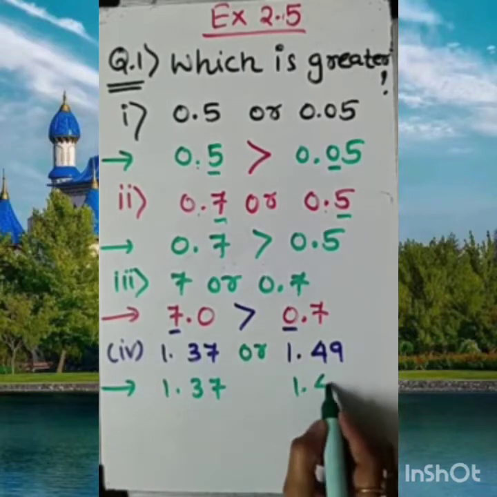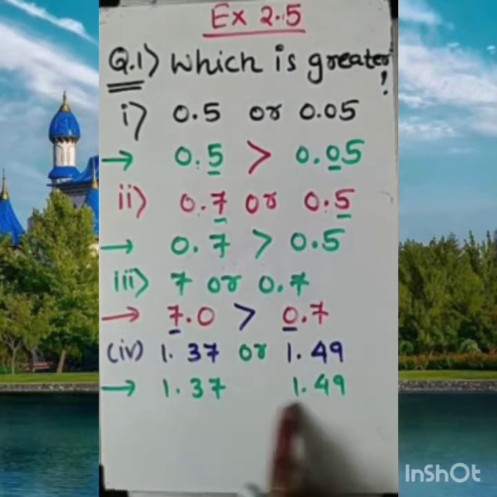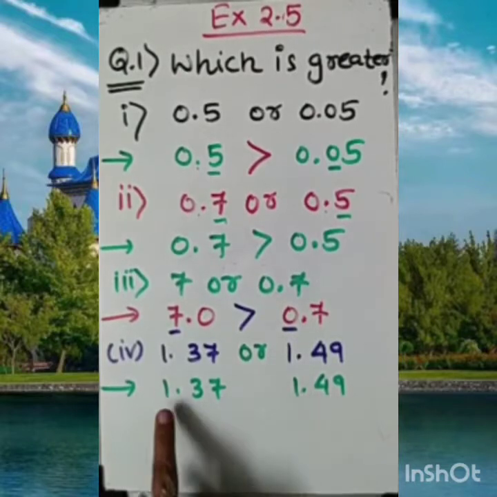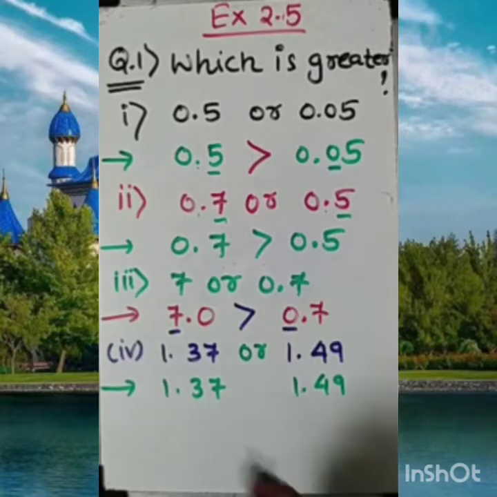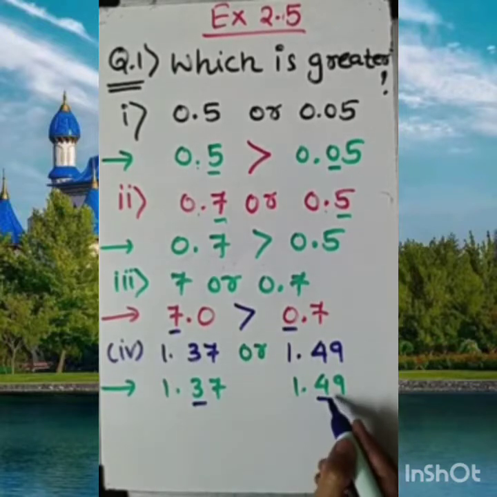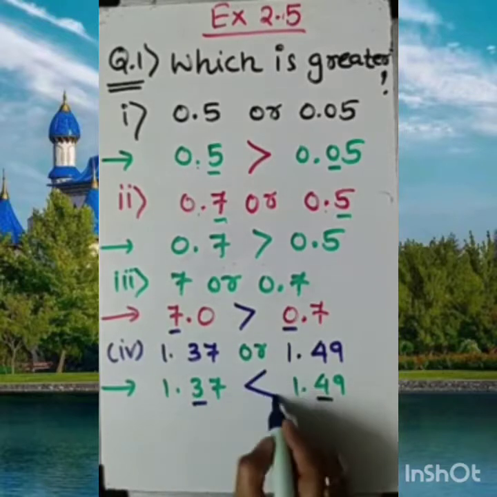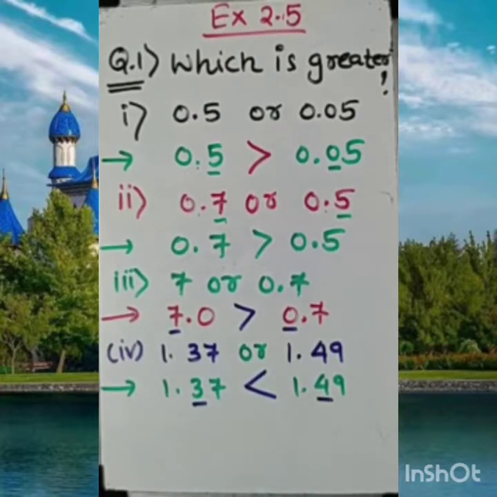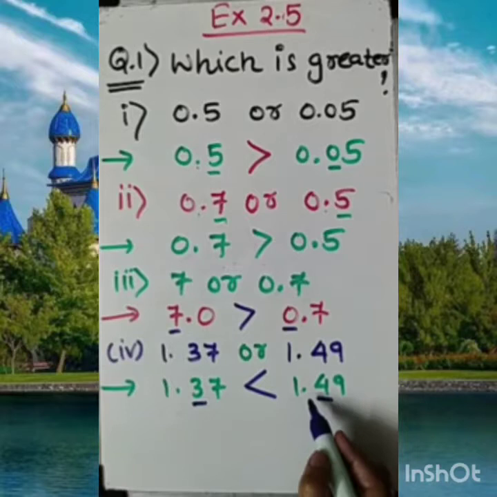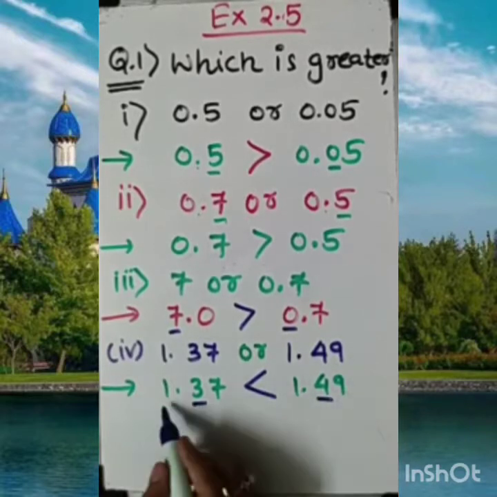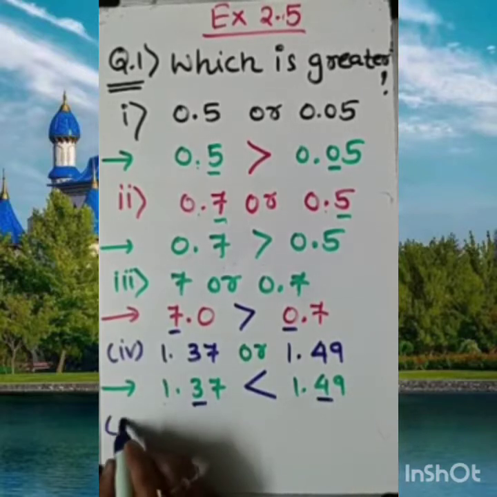If we see the integer part, then 1 is equal. Immediately after the integer you can see here it is 3 and this side it is 4. So of course 4 is greater than 3. This one is bigger. In my words, 1.49 is bigger than 1.37.